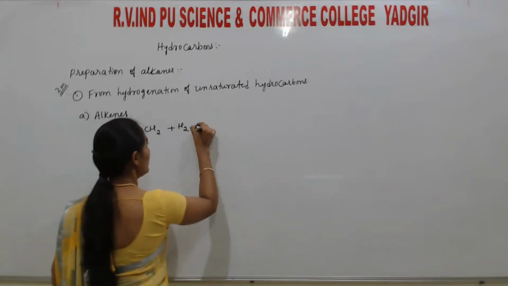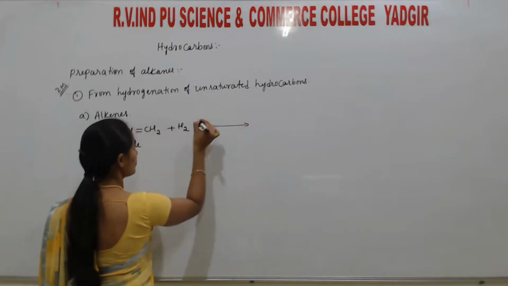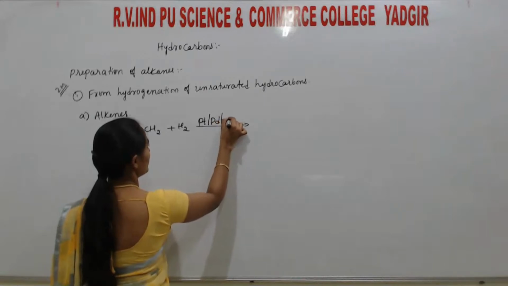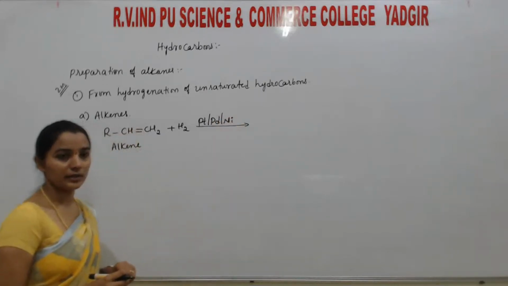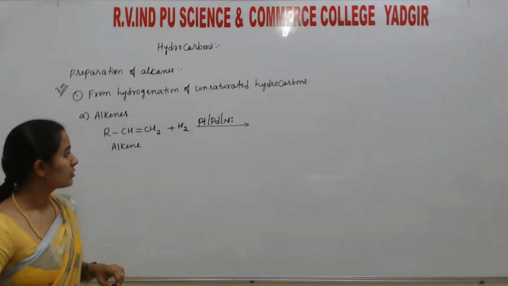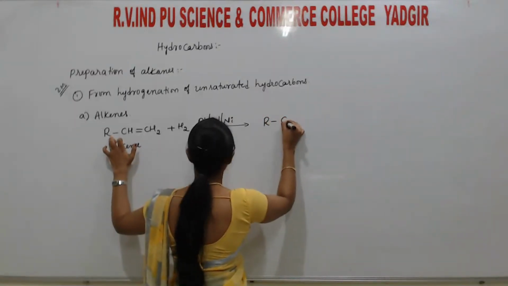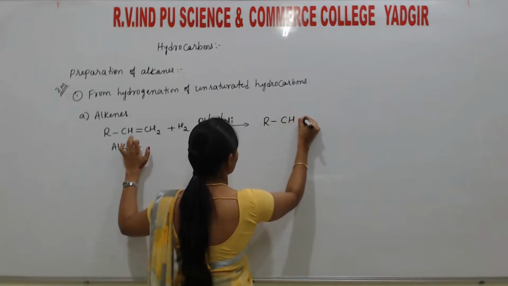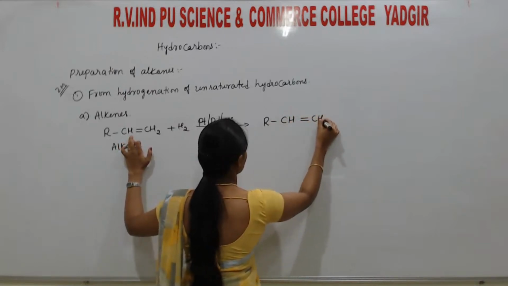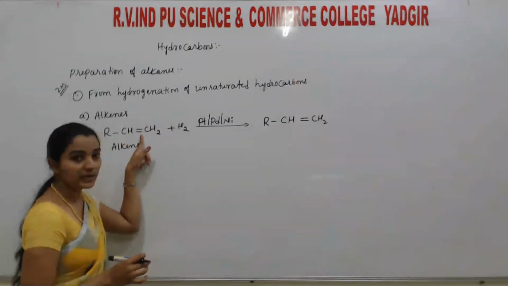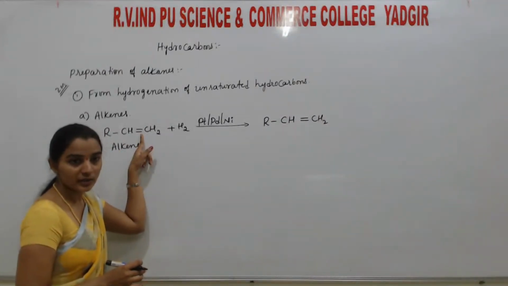Listen. Whenever addition of hydrogen takes place, we need to use platinum or palladium or nickel as a catalyst. Okay. So here R is there, CH double bond CH2. Students, addition reaction always takes place where the double bond is present.